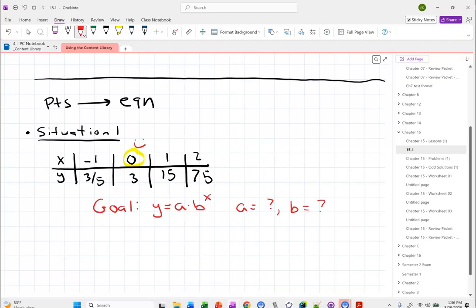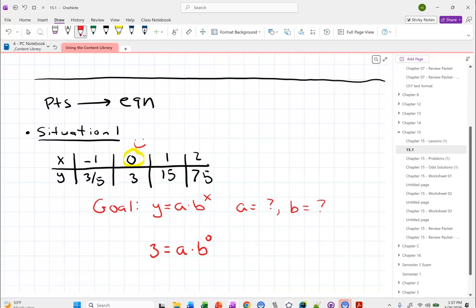Let's see what happens when I plug in x equals 0 and y equals 3 into my equation. Everybody okay here?